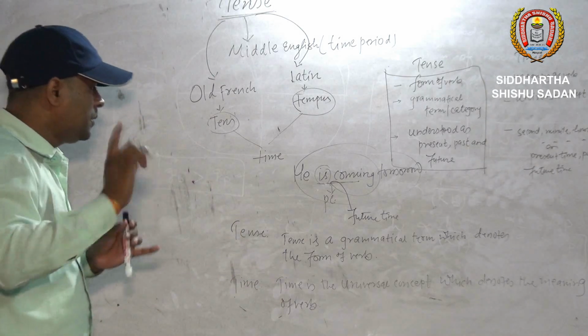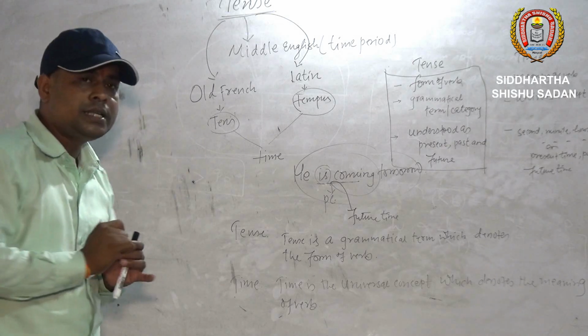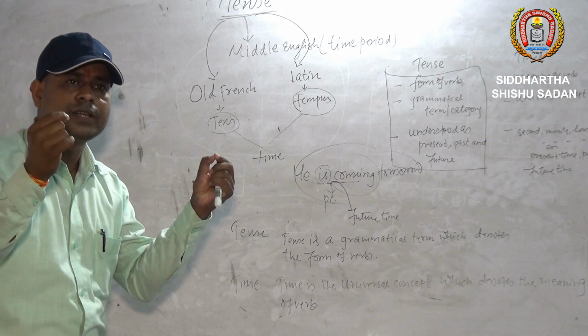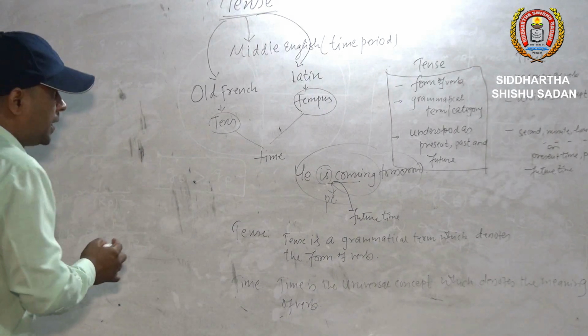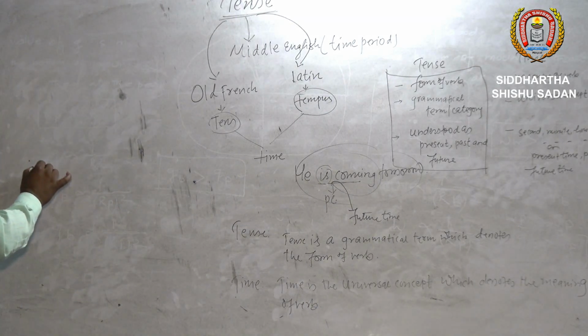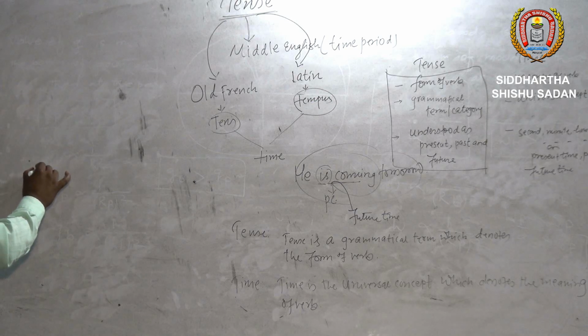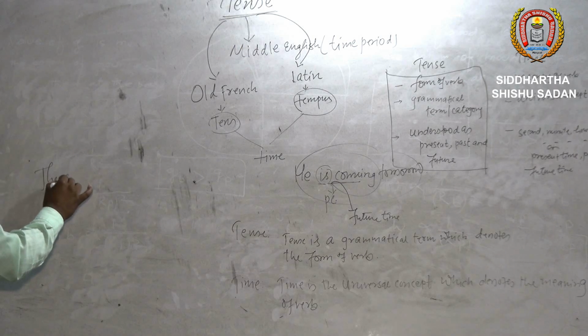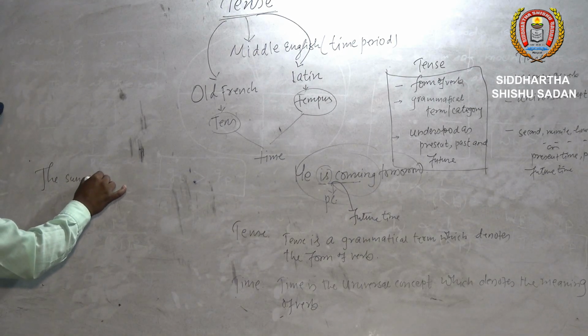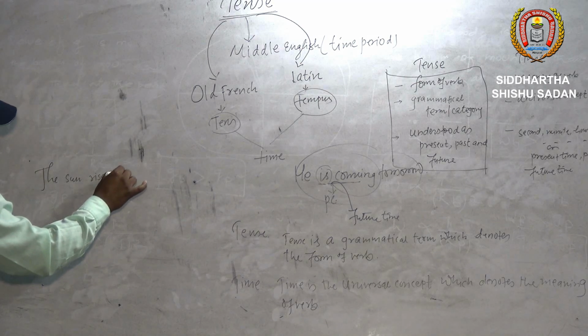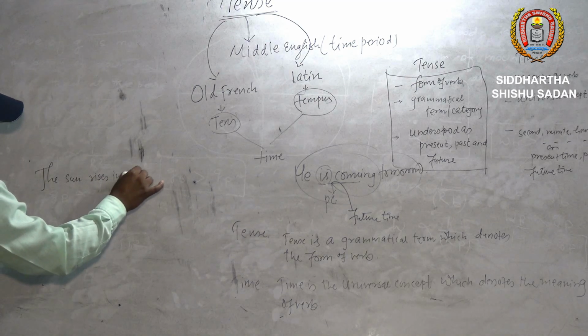Let me give you one more example which shows you the difference between tense and time. Okay, I will write over here. The sun rises in the east.